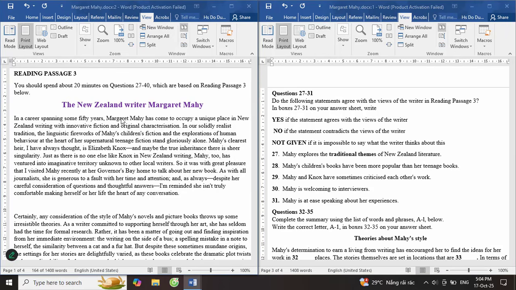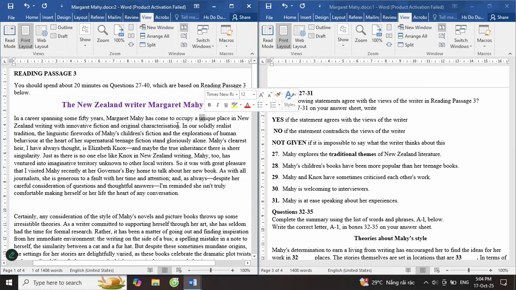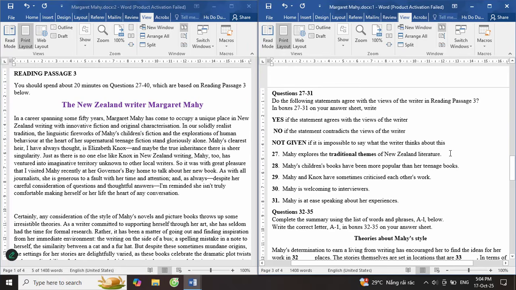They said Margaret Mahy has come to occupy a unique place in New Zealand writing with innovative fiction and original characterization, suggesting that it's different from the traditional themes. Therefore, this question should be no.